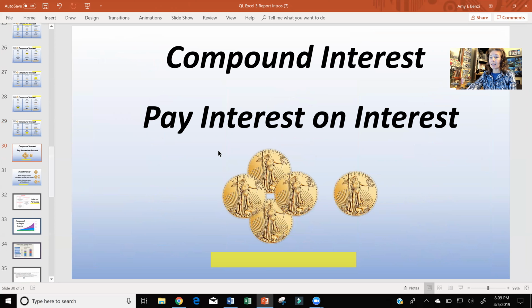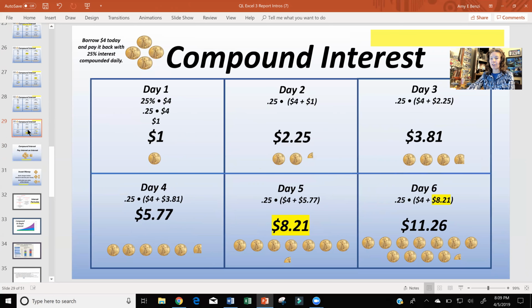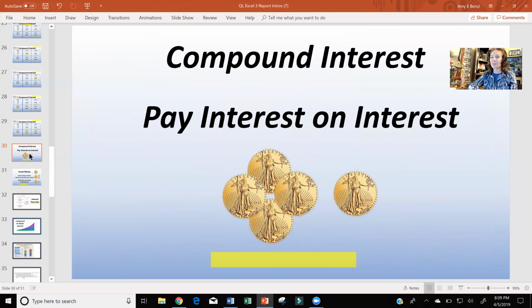So what does that mean when we're paying interest on interest? It means we're paying back more money. So if you're investing money, you want that compounded interest so that your money can grow faster. But when you borrow money, of course, you want to stick with simple interest. So with compound interest, the big deal here is that you pay interest on interest.